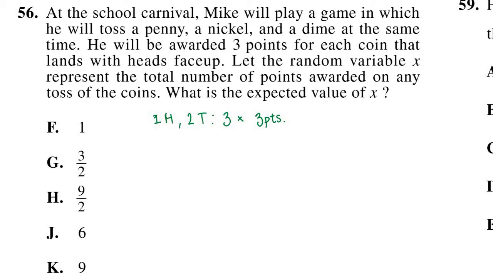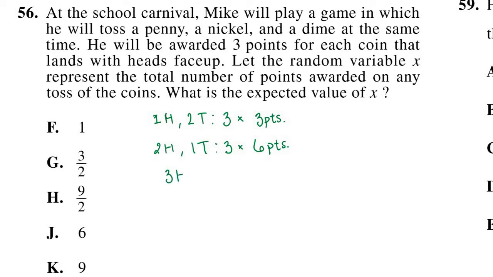Another possibility is 2 heads and 1 tail. There are again 3 possibilities. The tails could be the penny, the nickel, or the dime, and then the other 2 would be heads. This would give you, instead of 3 points, 6 points, because now 2 are face up.